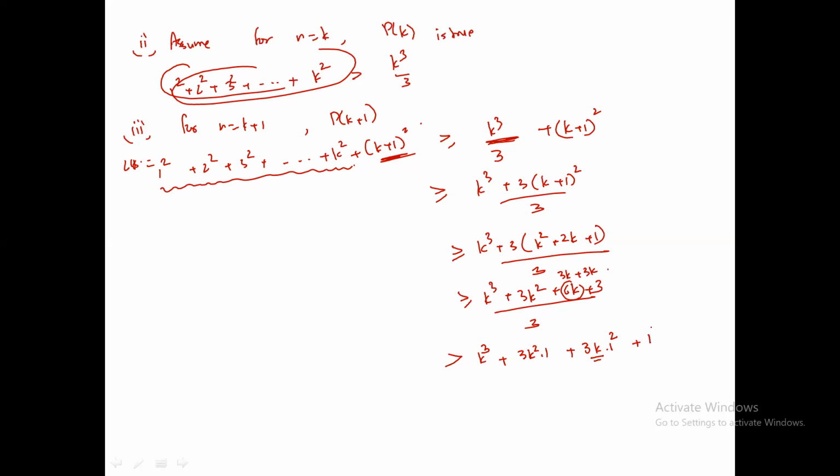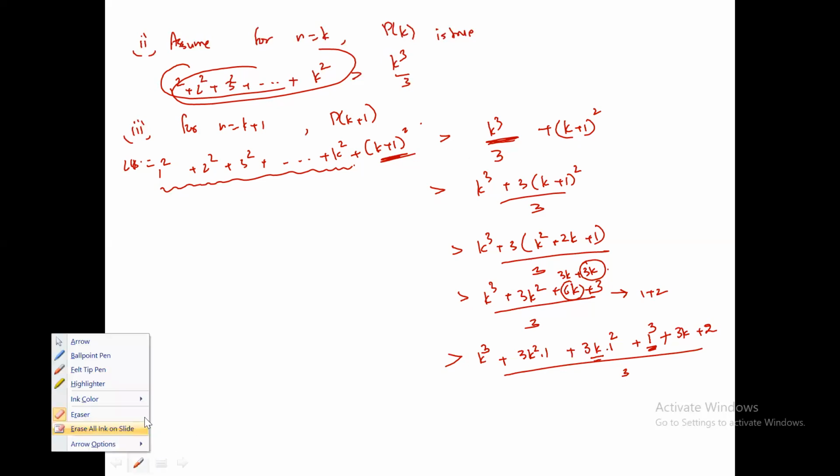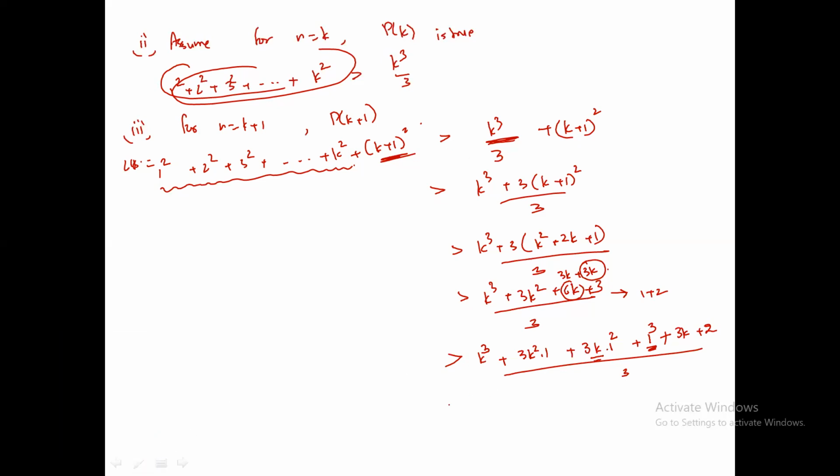Then I must have 1 cube. So what is left is this one 3k. And 3 I'm writing as 1 plus 2. 1 cube I've already taken, so 2 will be there. I'm doing all these because I want to get some form. Once I get that form, even you will be able to understand.